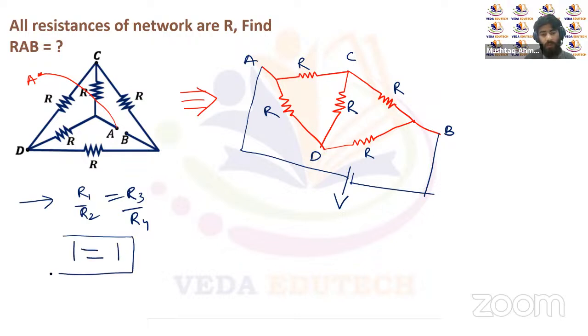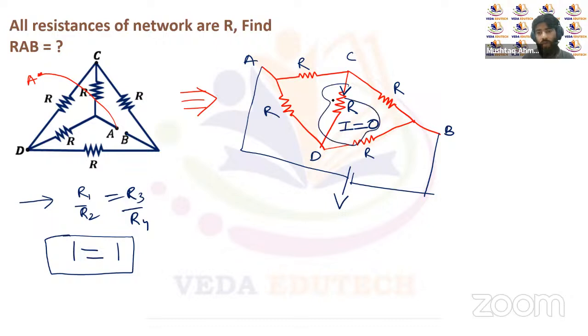So this is the balancing condition, right? If this is the balancing condition, then the current flowing through this resistor will be equal to 0. If the current flowing through this resistor is 0, it means that this resistor is of no importance in this circuit, so we can just remove this resistor from this circuit.